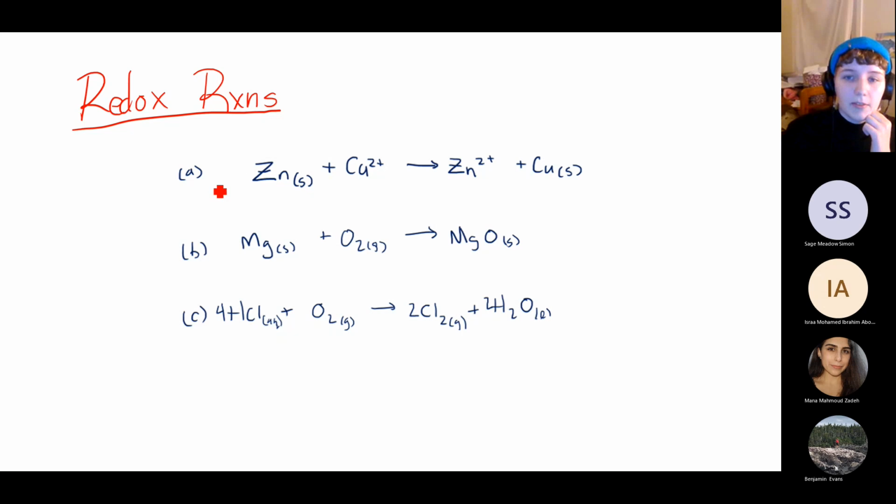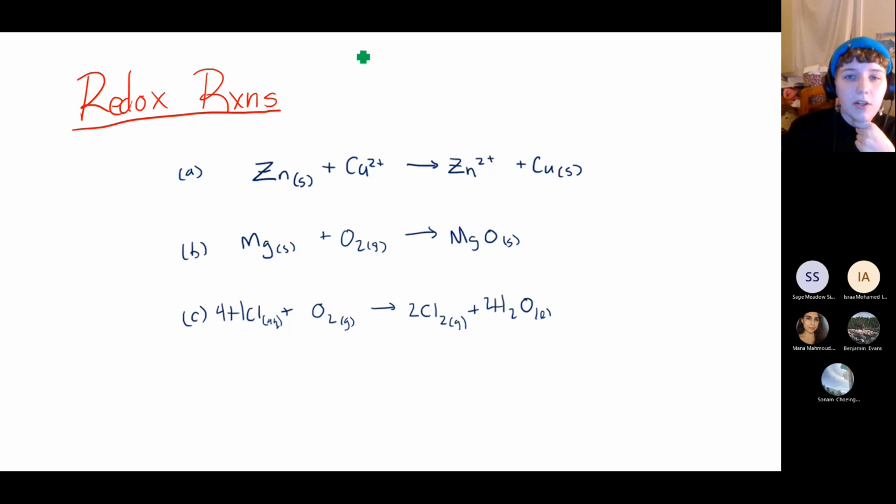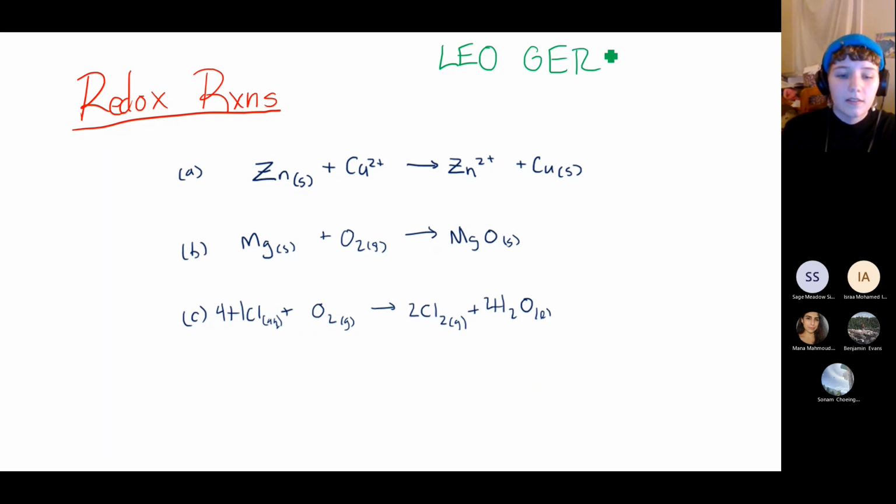So I'll do this example first just to give you an idea, since this one you've probably seen already. There's a saying that you probably heard before: LEO the lion says GER. It essentially means loss of electrons is oxidation, gain of electrons is reduction.